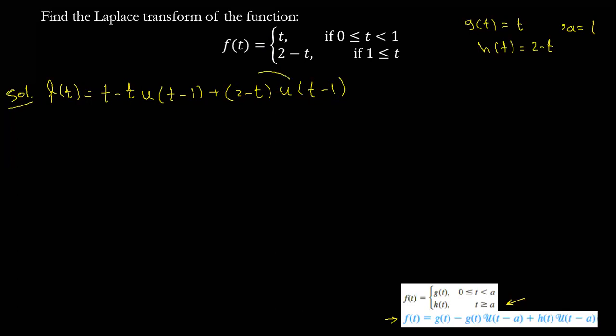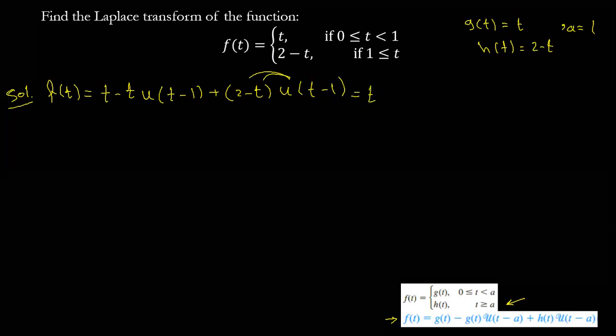Now let me multiply this here and here. So I can write here, it is t minus t u of t minus 1. Here u of t minus 1 isn't a product. Plus 2 times u of t minus 1 minus t times u of t minus 1.